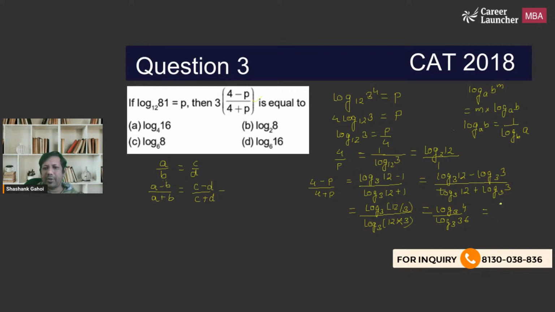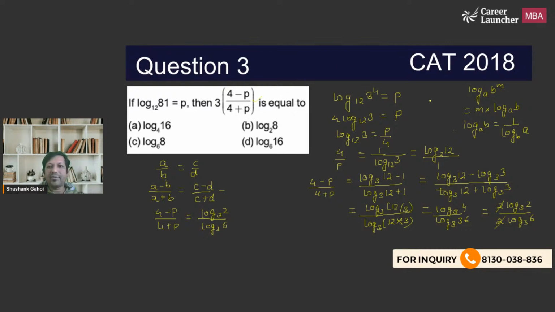So that is going to be 2 times log base 3 2 upon 2 times log base 3 6. So the 2s cancel out. So basically the value of 4 minus p upon 4 plus p is equal to log base 3 2 upon log base 3 6.